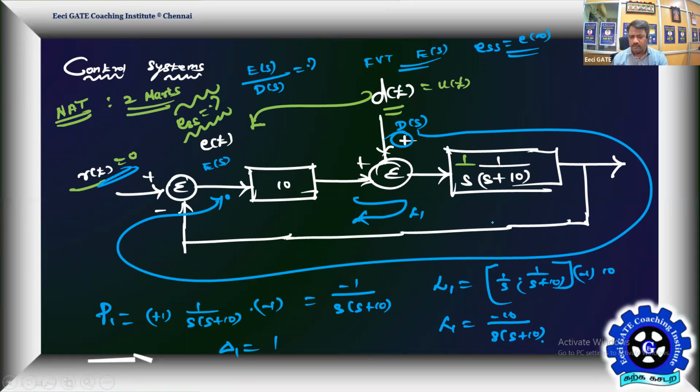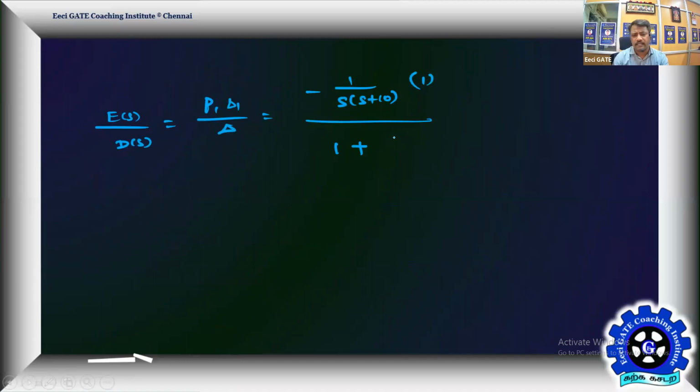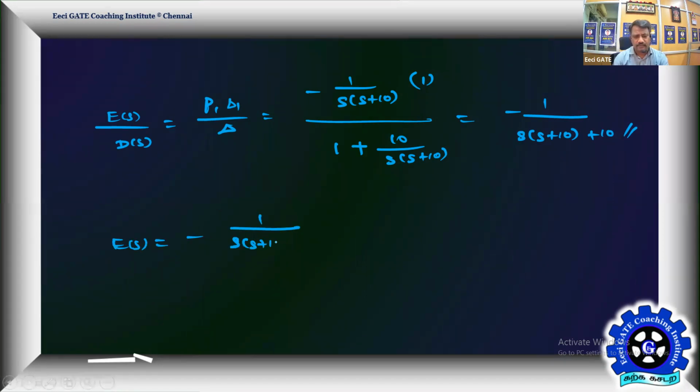It's 1 minus L1, so the minus will get cancelled. So 10 by S into S plus 10 you will get. Then taking LCM, you'll end up with -1 by S into S plus 10 plus 10 as the transfer function. Then E of S is equal to -1 by S into S plus 10 plus 10 into D of S.